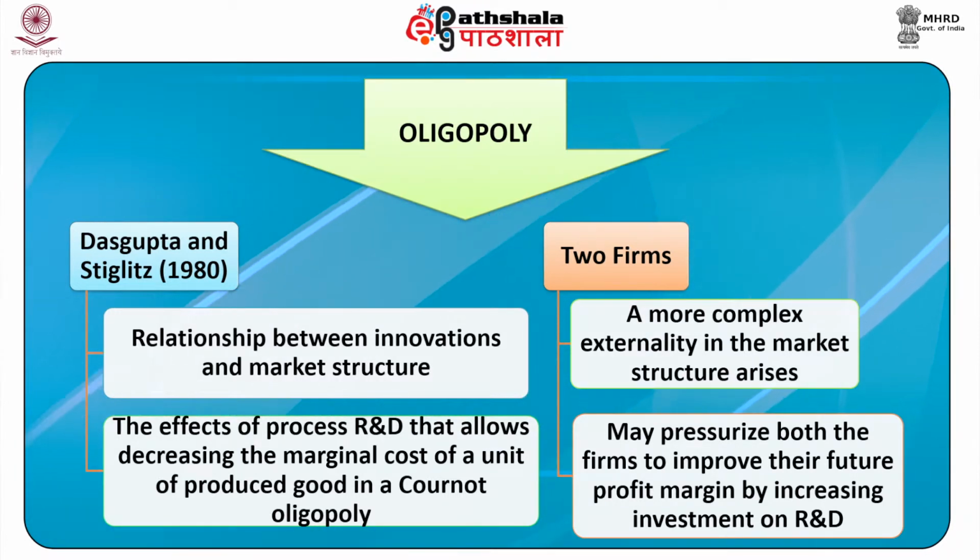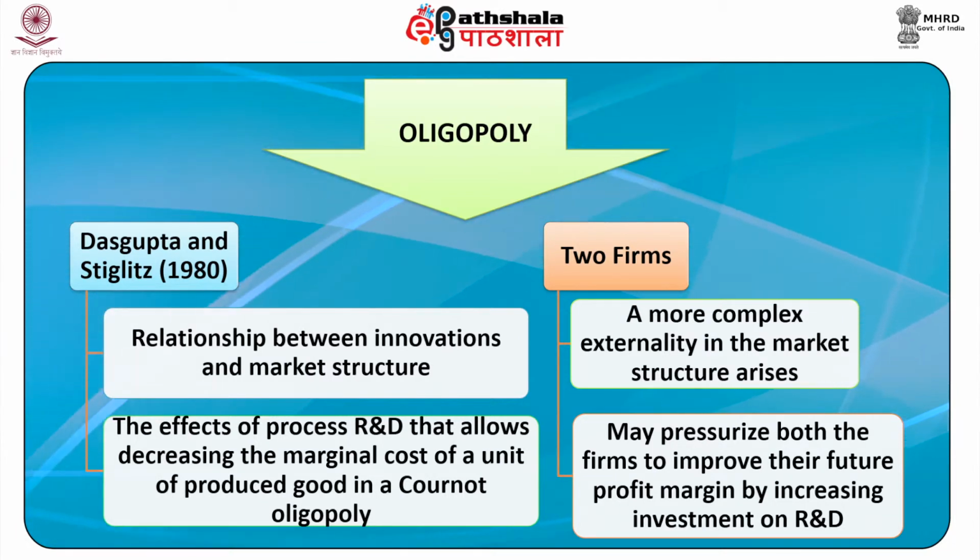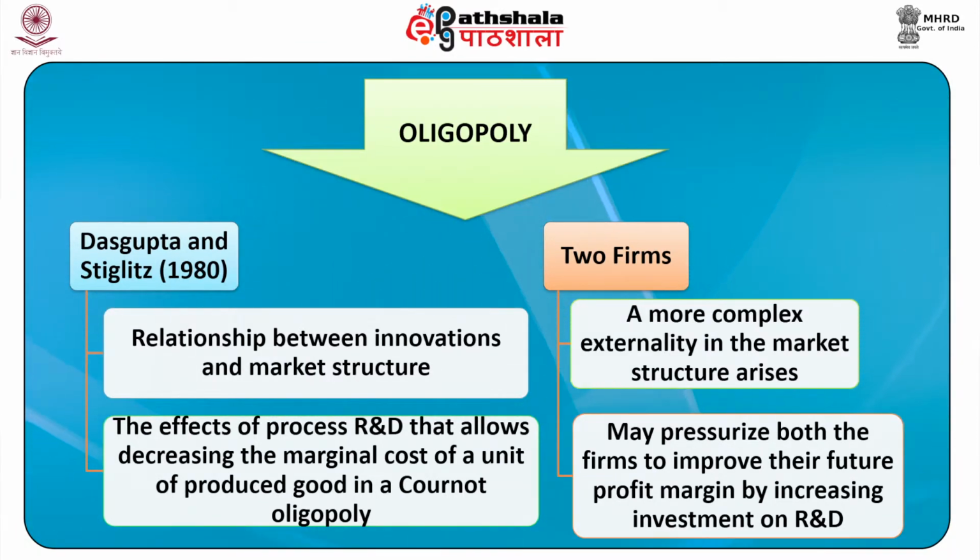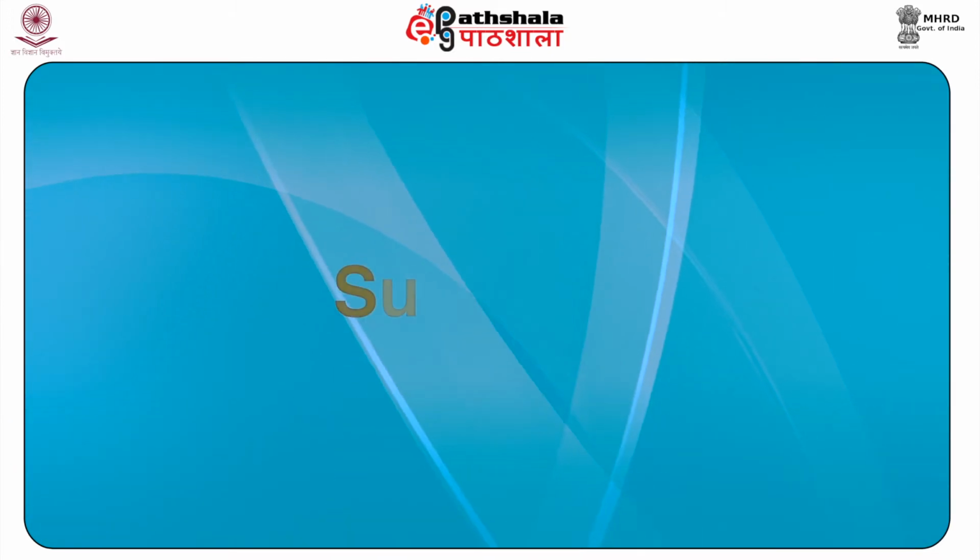Cournot competition for the final goods market may pressurize both the firms to improve their future profit margin by increasing investment on R&D. With the help of this discussion, it can be concluded that due to heavy pressure of competition and higher level of innovation and high expenditure on R&D, duopolistic firms may end up with an increased rate of growth.